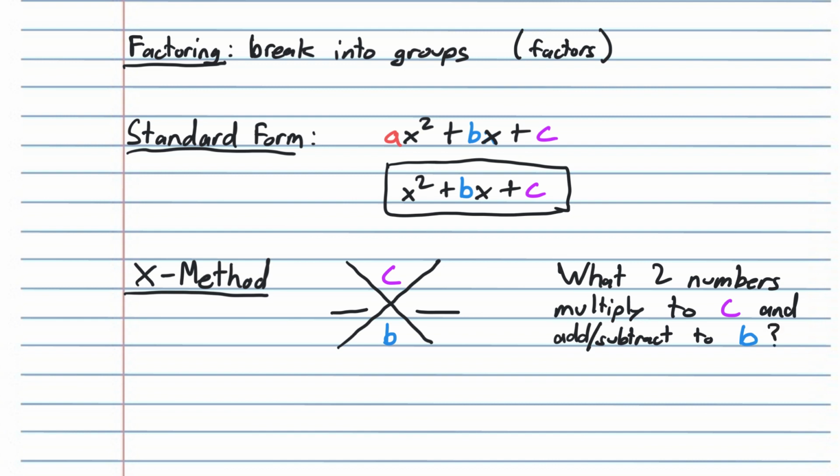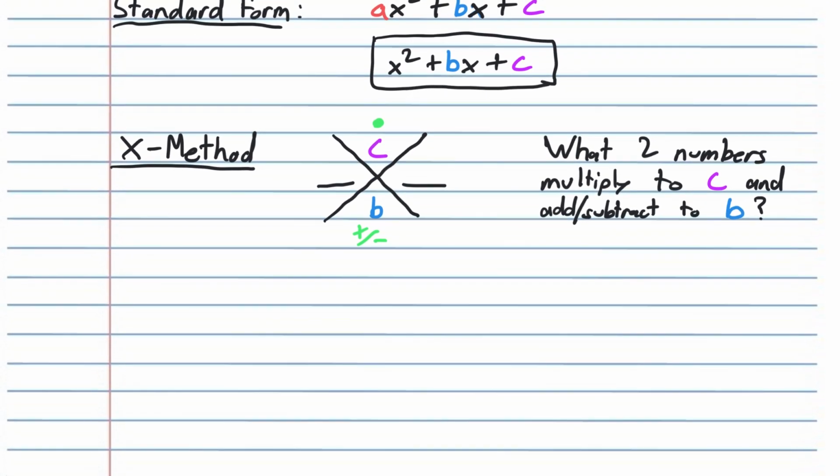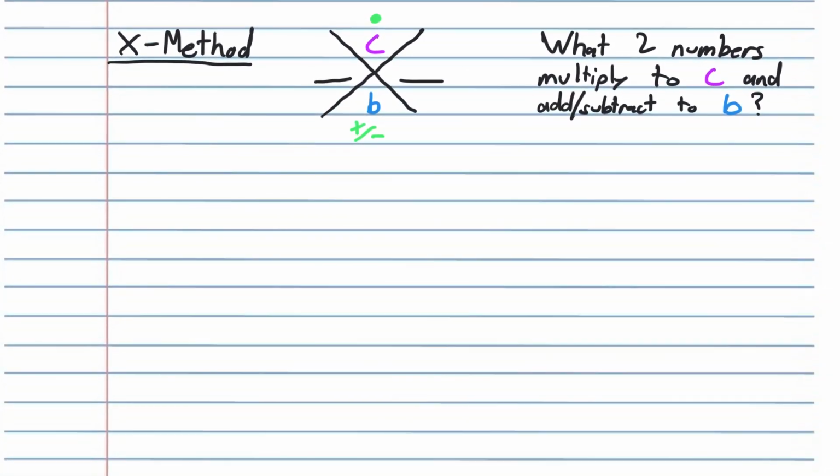And once we know what those two numbers are, that's what's going to go on the left and the right. So again, it's what two numbers multiply to C, so put a little multiplication dot above, and then they also have to add and subtract to the B value, okay? Which is a little bit trickier than it sounds. Sometimes you have to play around with the numbers quite a bit, okay? But once you have those two numbers, you're essentially set.